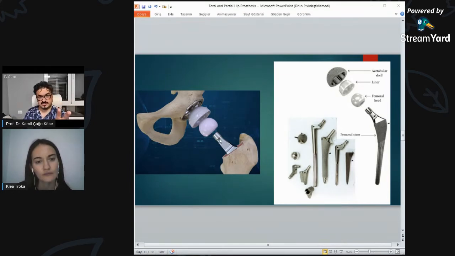It's also metal. Then we have two other pieces in between, the acetabular liner and the femoral head. We have different surface options here. I mean, ceramic, polyethylene, and metal. We can use ceramic to ceramic, ceramic to metal, metal to polyethylene, also metal to metal in rare cases. So these are our surface options.